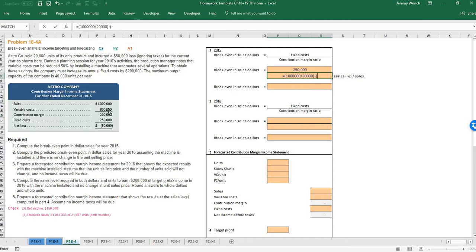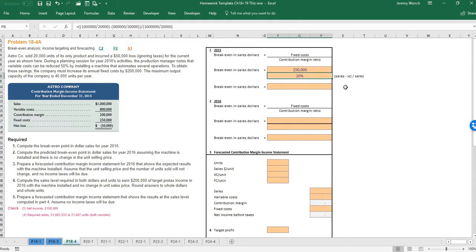The variable cost per unit is 800,000 divided by 20,000. And we want to divide that by our sales per unit. That gives us a contribution margin ratio of 20%.